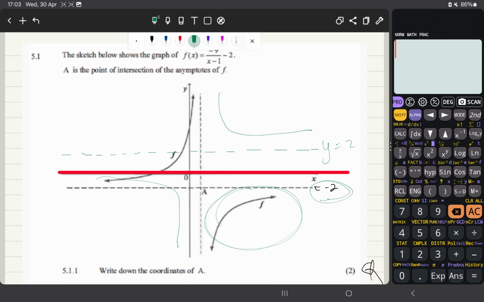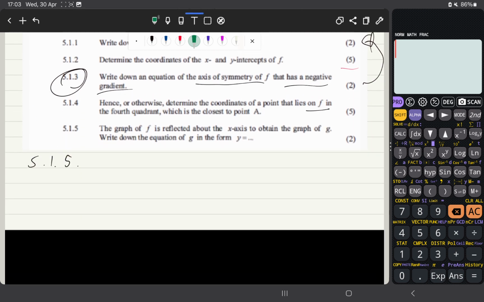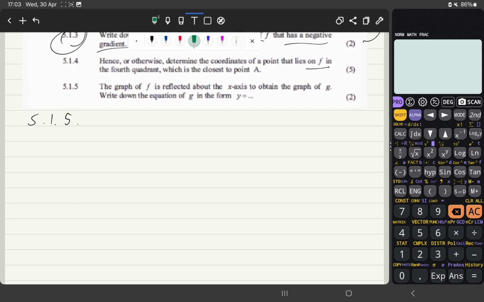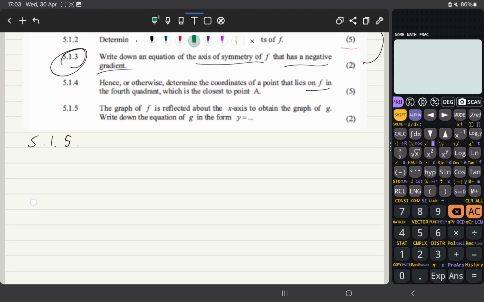I hope the explanation makes sense, but do say if it doesn't, and I'll do more problems like that where we are reflecting graphs.